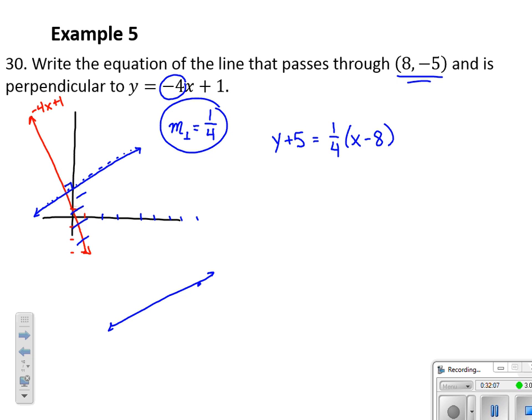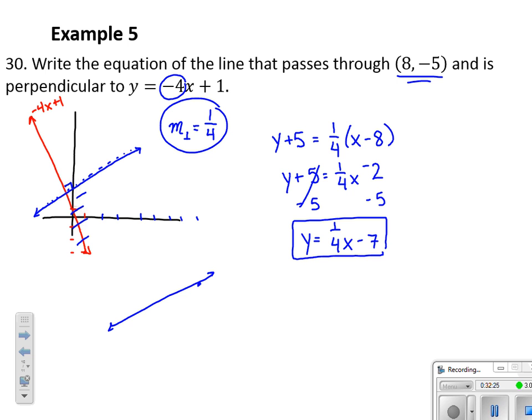And if we distribute that 1/4, 1/4 times -8 is -2, and then we subtract our 5 over: y equals 1/4 x minus 7. And it certainly does seem like our graph would be really low on the y-axis for its y-intercept. So that does fit graphically with what we're trying to do. All right, and just like that, that's the end of section 1.3.